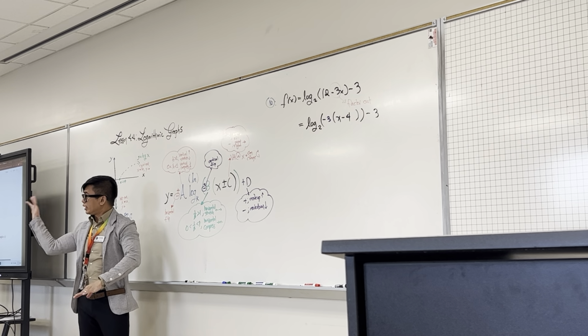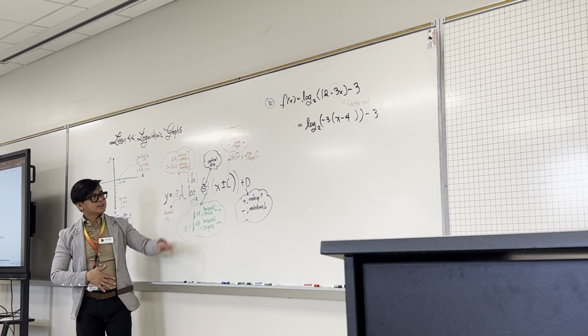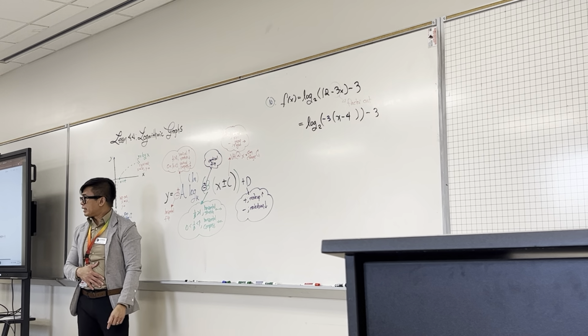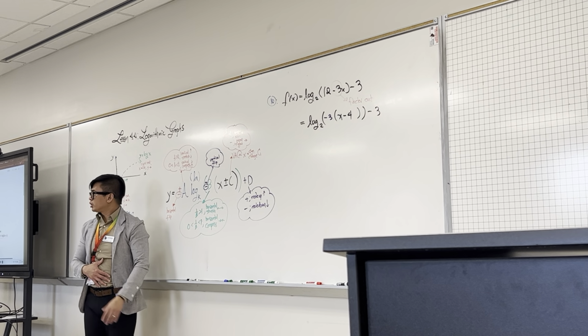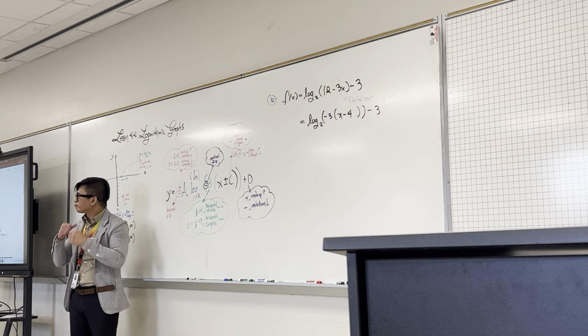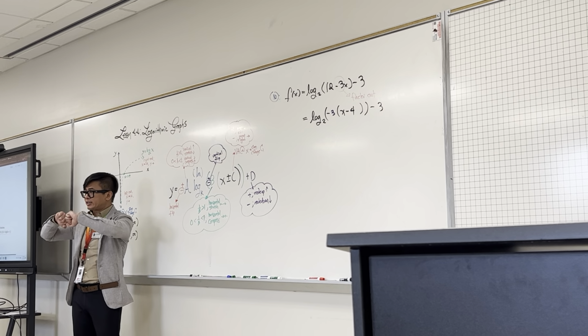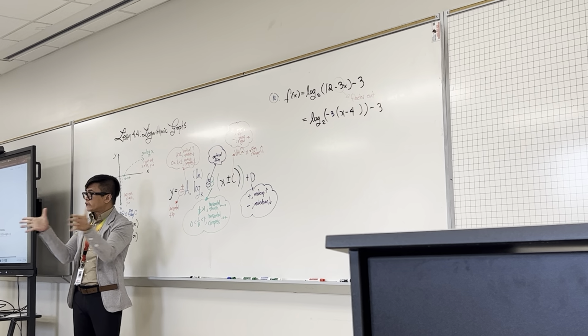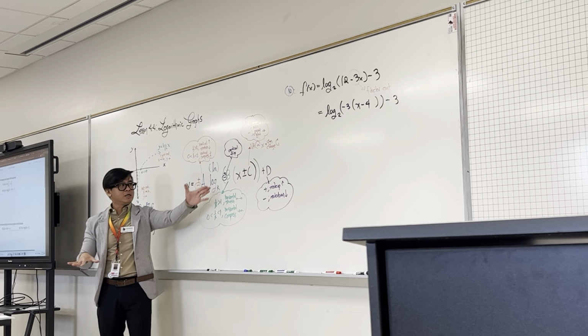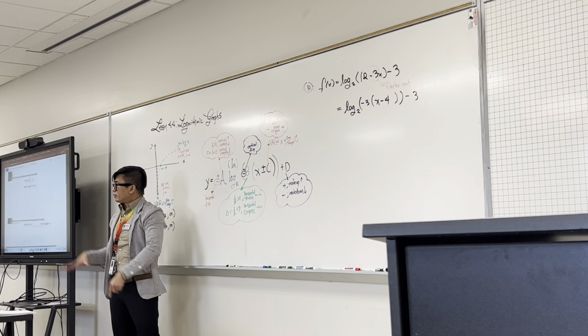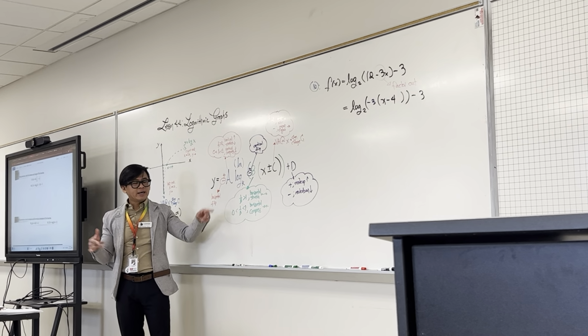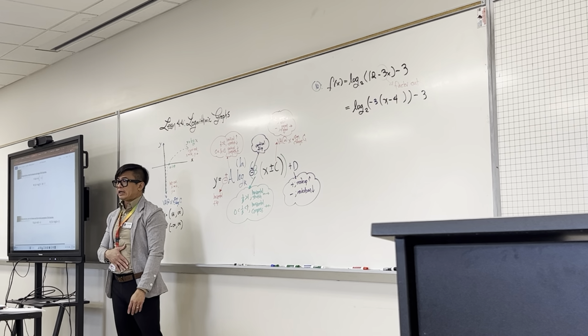Are we good? What else? Whatever that B is will determine what kind of dilation we are going to use. Is this a horizontal stretch or a horizontal compression? So what do we do with that B? Reciprocal, right? It's 1 over B, and see if it's more than 1 or less than 1.